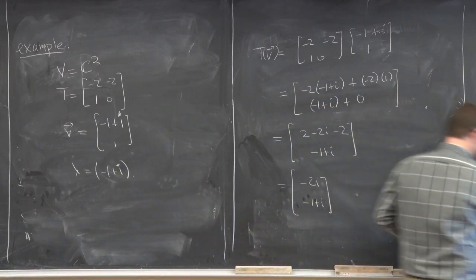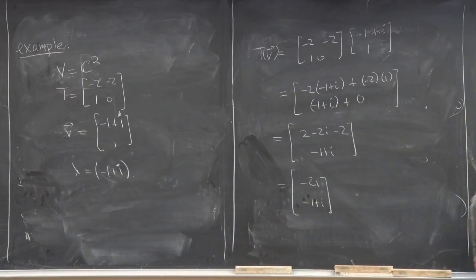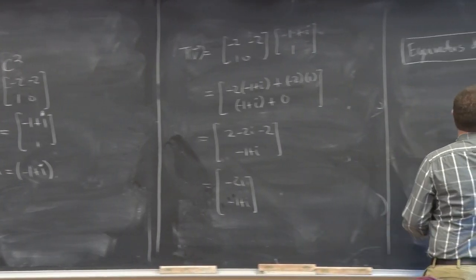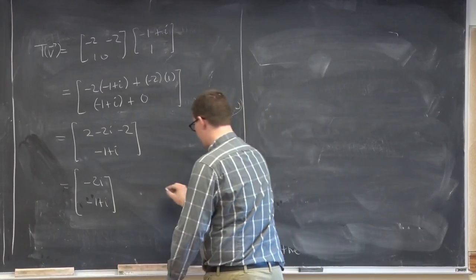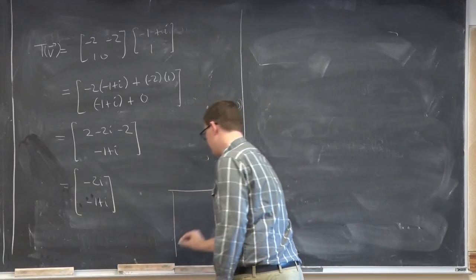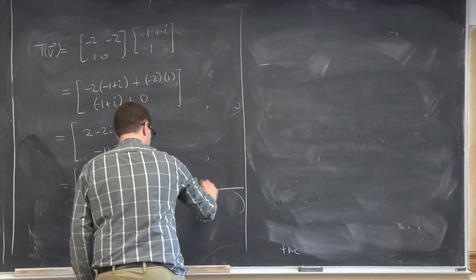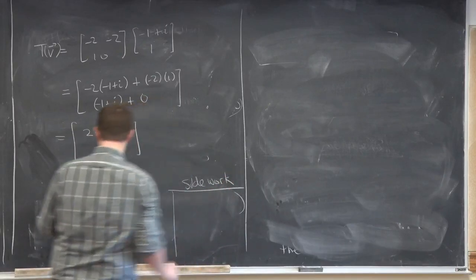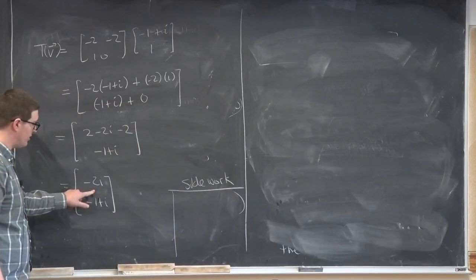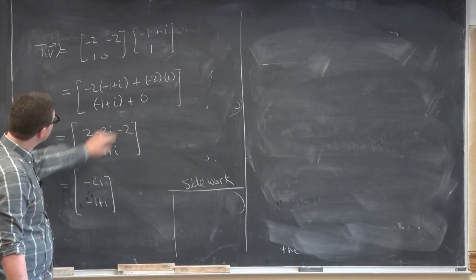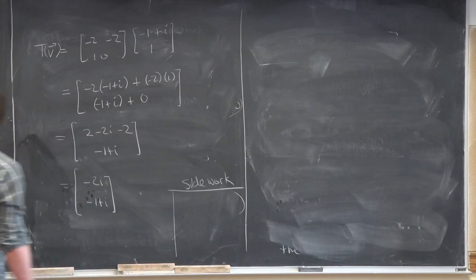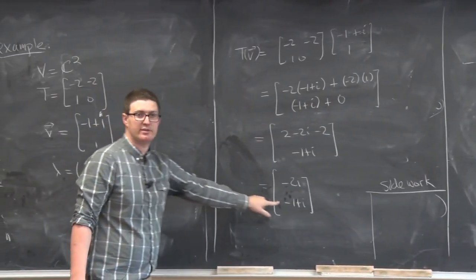Let's keep doing this. Let's note here, like a little side work. I want this to be an eigenvector, so we want this times this to be this.